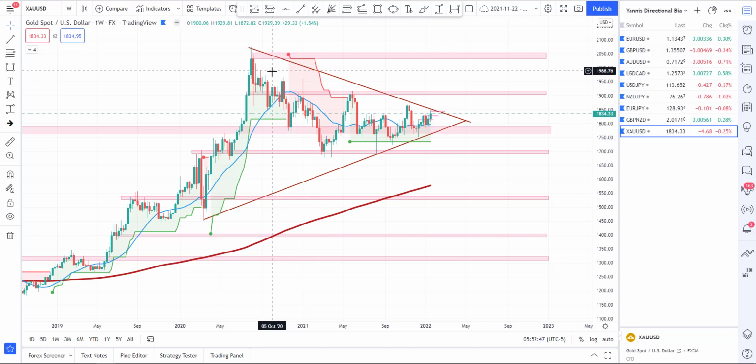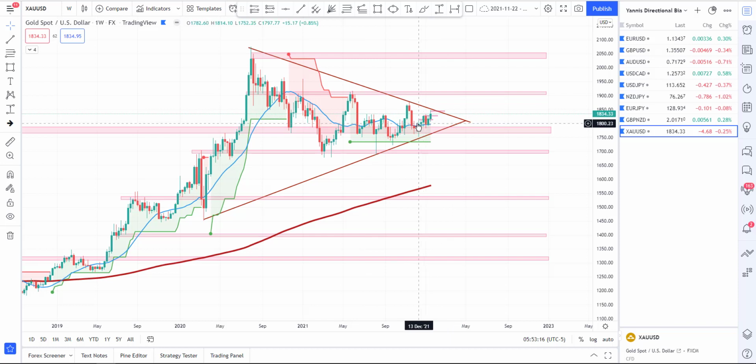And now the pair is in a downtrend on the weekly. We are having lower highs, we are having lower lows. However, the pair has now created a symmetric triangle. Okay, so price can break out in either direction as it is right now, and that's probably the reason why we are in a range for the past months.